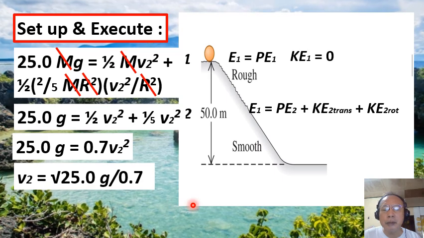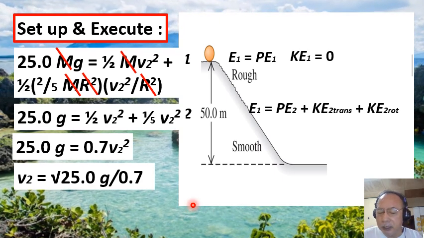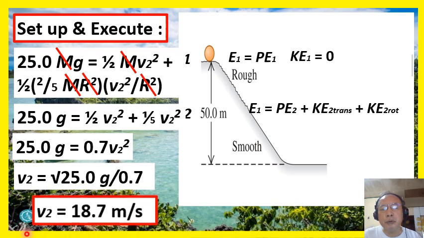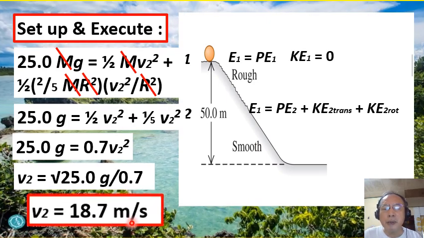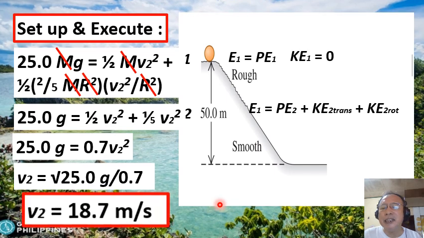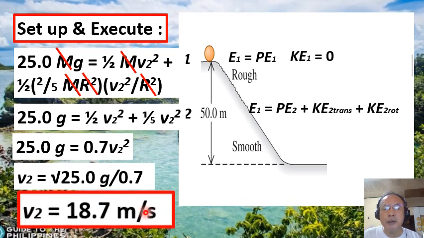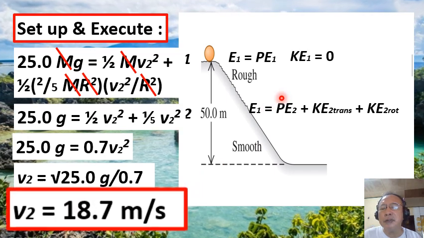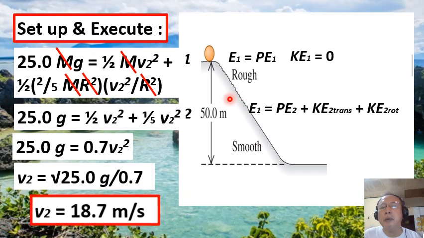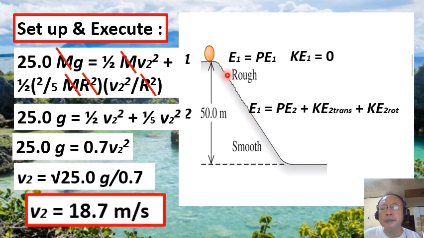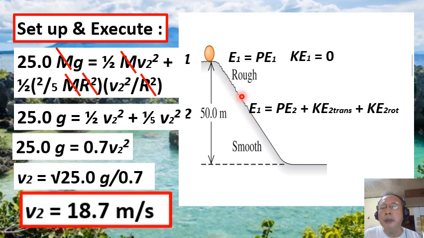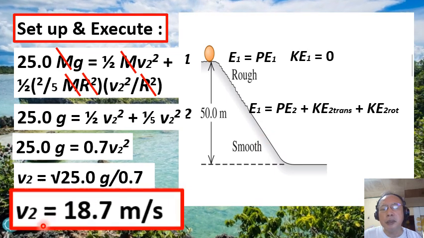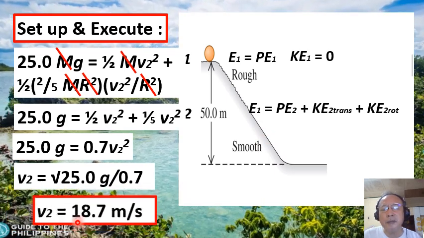So when you do the math, or with the help of your calculator, we get the value of v sub 2 equal to 18.7 meters per second in 3 significant figures. So what is this speed? This is the instantaneous translational speed of the boulder when it reaches the boundary of the rough and the smooth surface. So it is a linear speed.